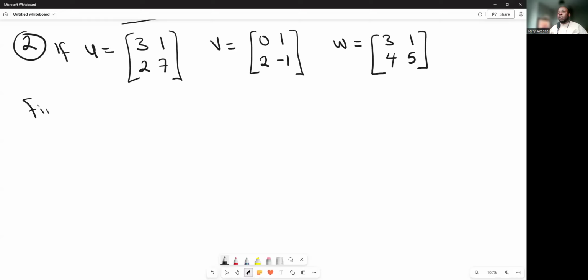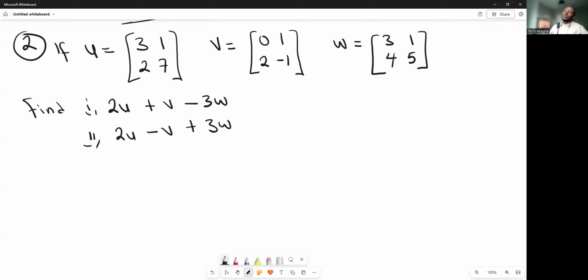Now let's say we're meant to find 2u plus v minus 3w. And maybe the second one is 2u minus v plus 3w, just to show you that you can play around with the signs and see that you have a different answer for each of them.